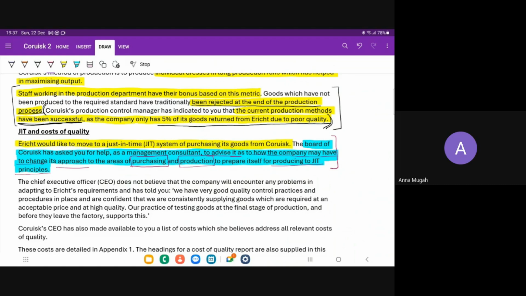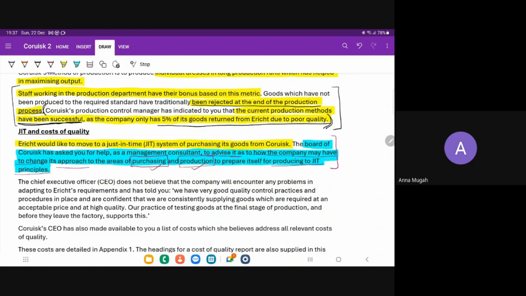What is the requirement? What do you have to do? What I'm trying to do now is prepare myself for a customer who is moving to JIT. I don't know what to do. So I have hired you as a consultant to tell me how I'm going to change my processes, production and purchasing.